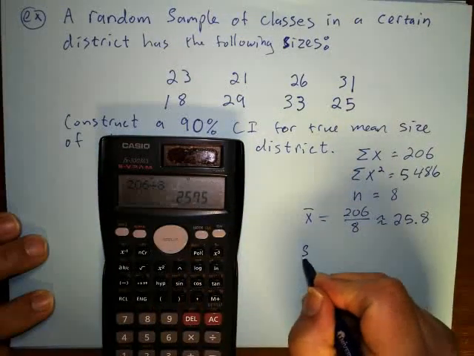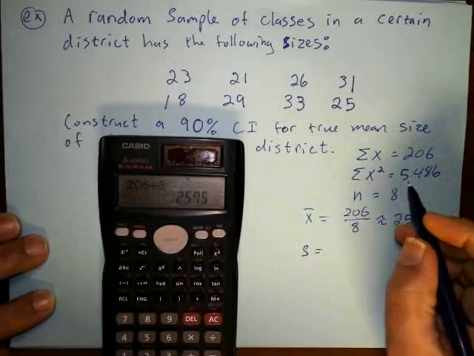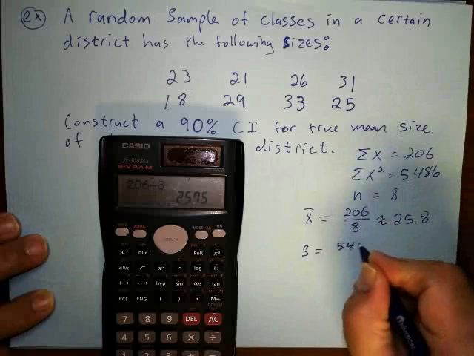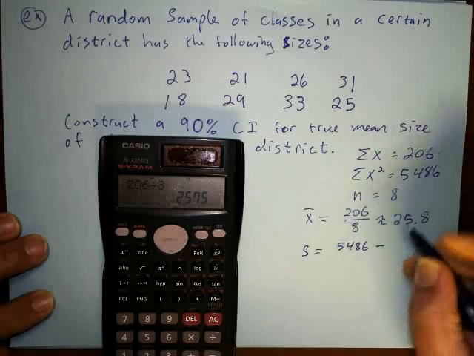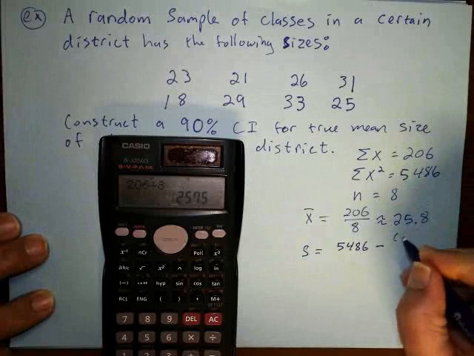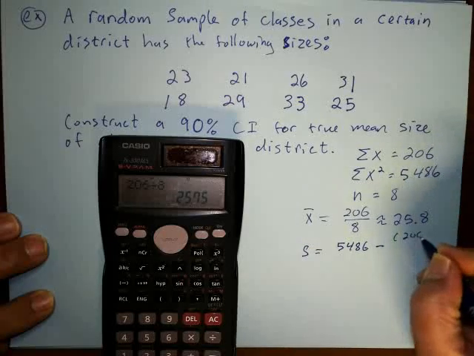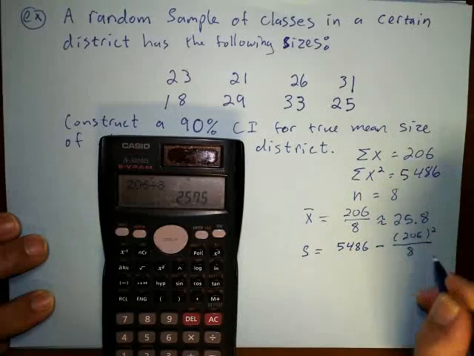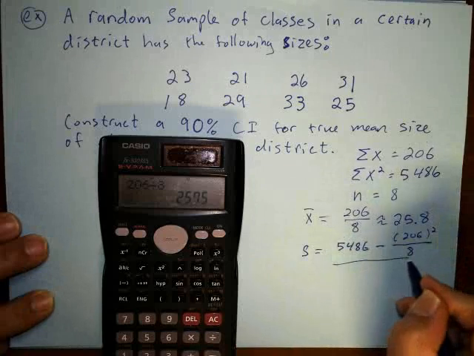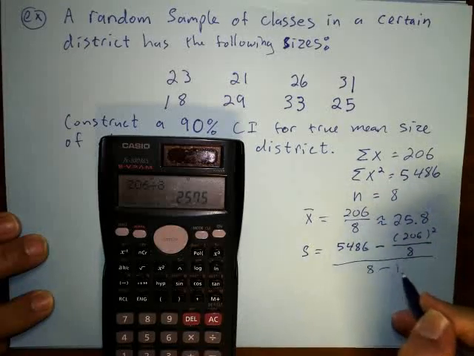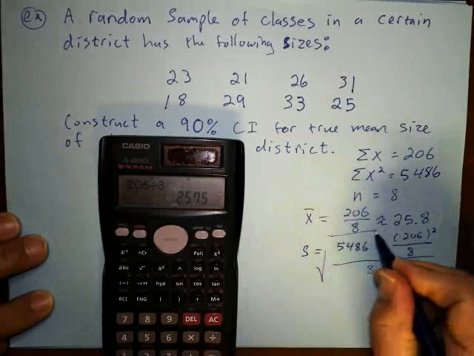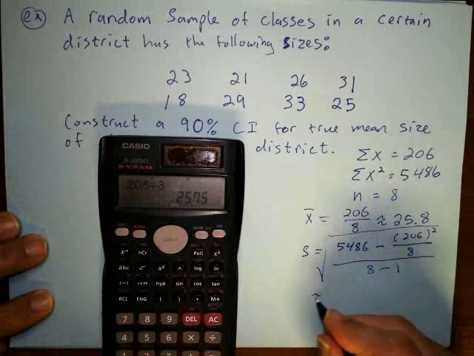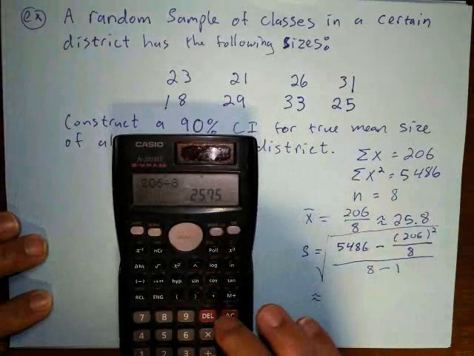And now s is going to be the square root of the sum of x squared, 5,486, minus the sum of x, that quantity squared, so 206 squared, divided by n, that's 8, and then I'm going to divide that whole thing by 8 minus 1, and then take the square root of all of that.